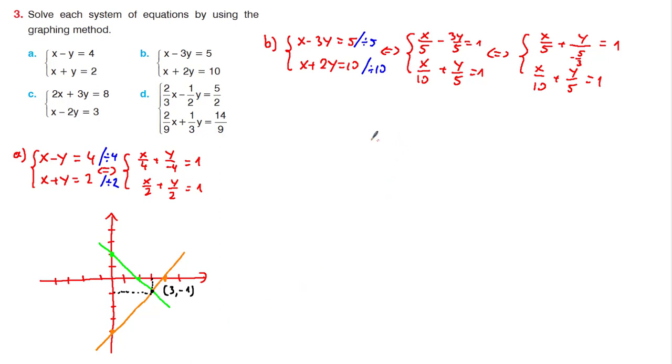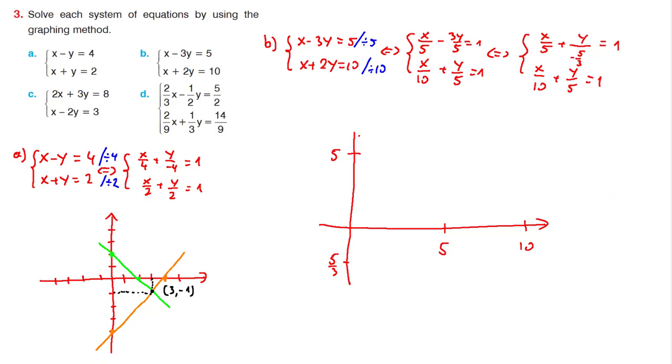Let's see, now we have 5 here, 10 here. For y, 5 looks like somewhere here, and 5 over 3, it's 1.6, close to this point here.